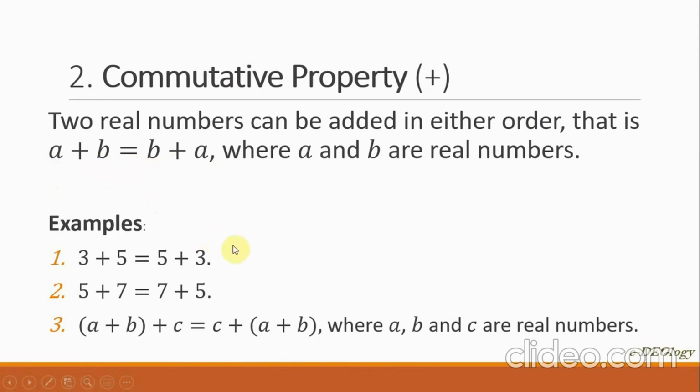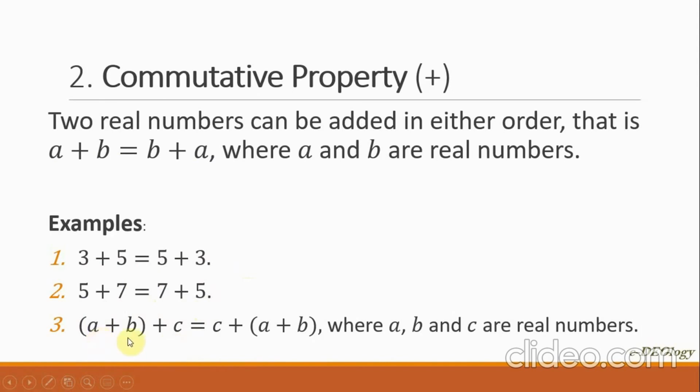We have three examples here. The first one is 3 plus 5 equals 5 plus 3, and both will have 8. Another example, 5 plus 7 equals 7 plus 5. In the third example, there are three letters that represent numbers.